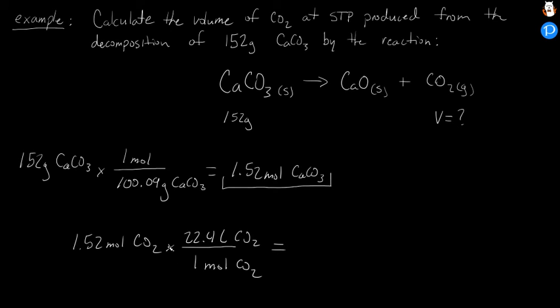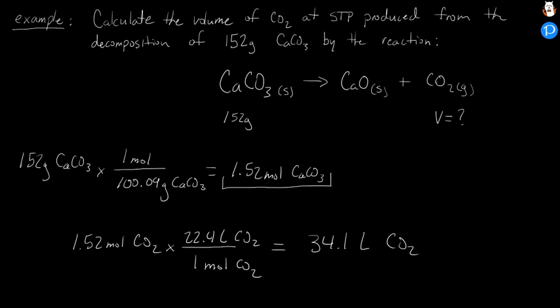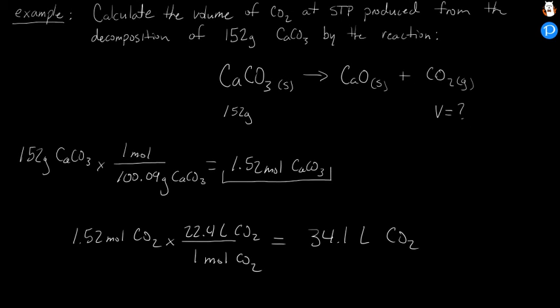So 1.52 times 22.4 would give me a volume of 34.1 liters of CO2. And that's how you would solve for that one. Hopefully those examples make some sense for you.